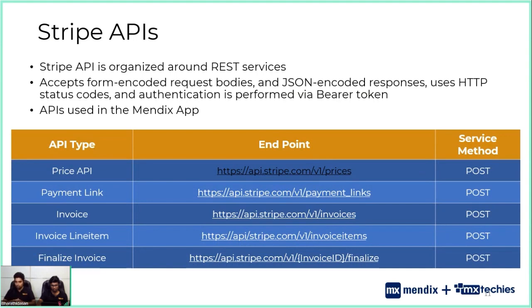We have also handled the various HTTP status codes from the Stripe APIs. Totally we have integrated 6 APIs. You can see all the 6 APIs here. Price API is to create a product in Stripe, payment link to do the payment for that product, invoice to generate the invoice. Similarly, we have 2 more APIs in the list. All these APIs are post methods.